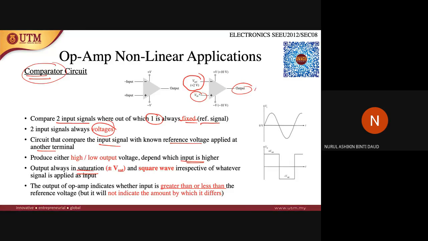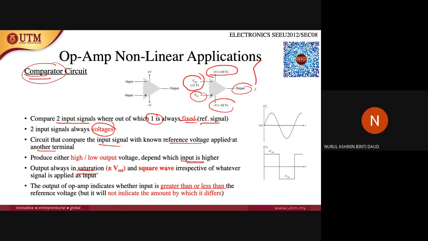For example, if the input voltage is more than the reference voltage, it will go further higher, and there is no limitation. That is where these two DC supply voltages play a role: they limit the output voltage so it will not exceed the DC supply voltage.